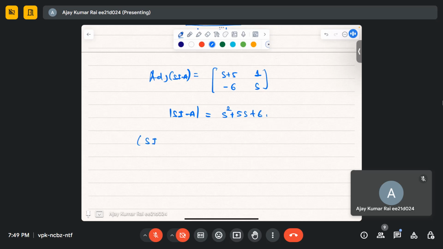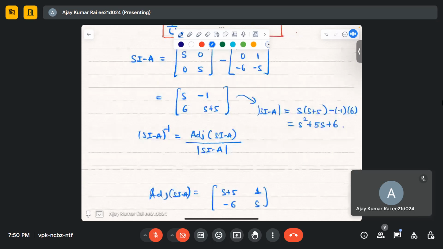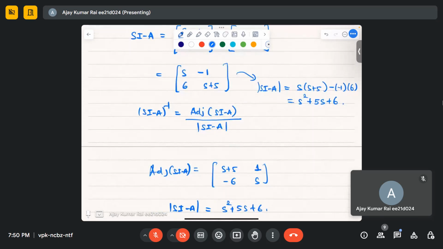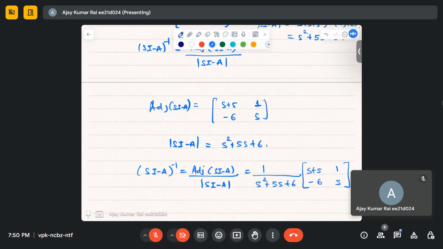And what is the inverse? (sI minus A) inverse is the adjoint of sI minus A by the determinant of this, which is s square plus 5s plus 6, and this is s plus 5, 1, minus 6, and s. Let me check once more. I hope this is correct.